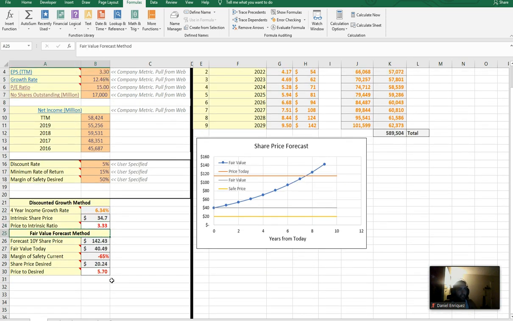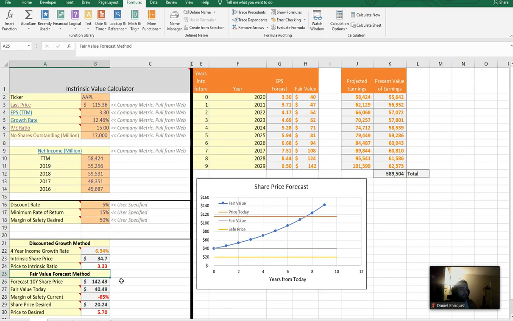Now the second method uses the fair value forecast method to project the 10-year share price. So basically you take the EPS and the analyst consensus growth rate and you project it out 10 years to get an EPS of $9.50 in the year 2029.